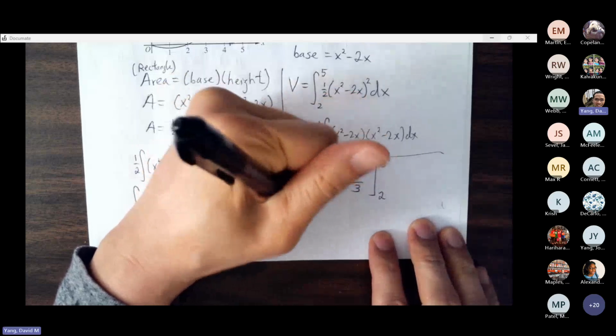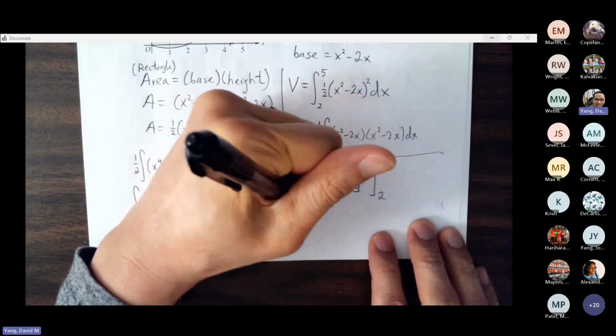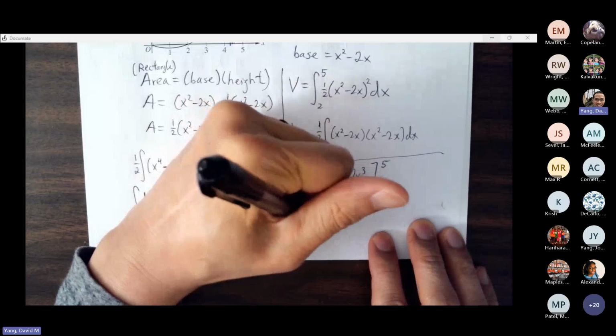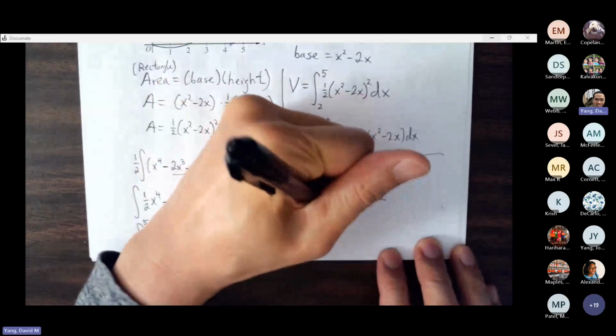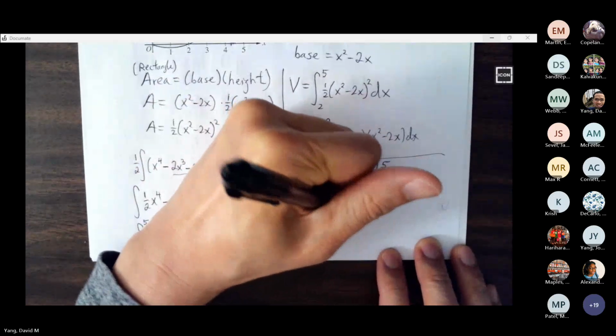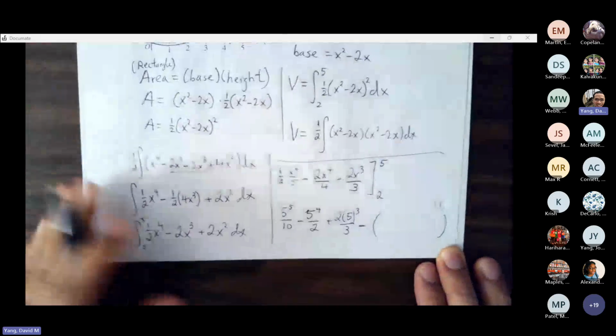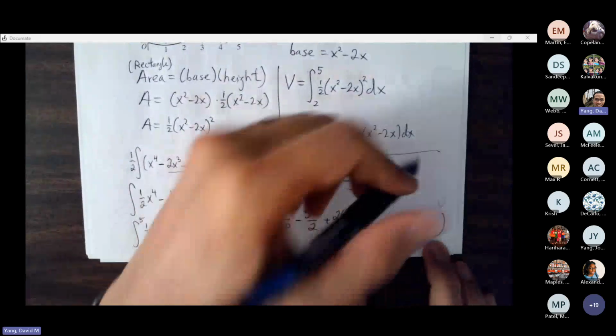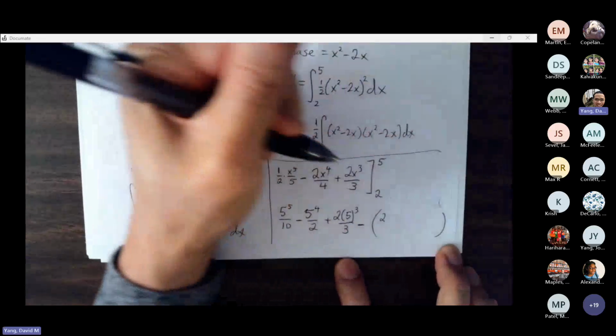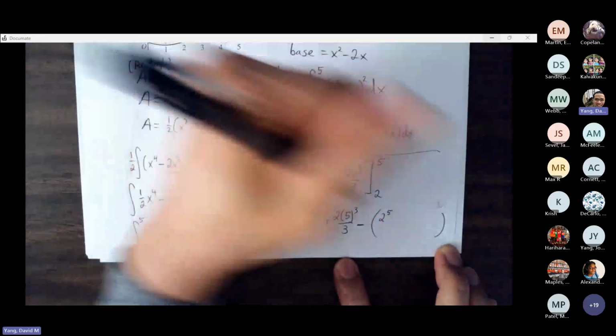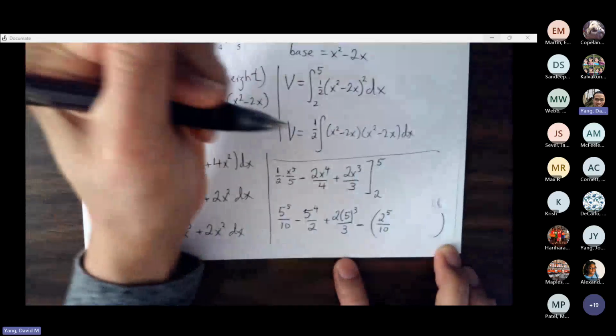I can reduce if I want here, make it 5 to the 4th over 2 plus 2 times 5 cubed over 3 minus big parentheses. Now plug in the lower bound. Again, you don't have to clean anything up, but you do need to show how you're plugging in these numbers.